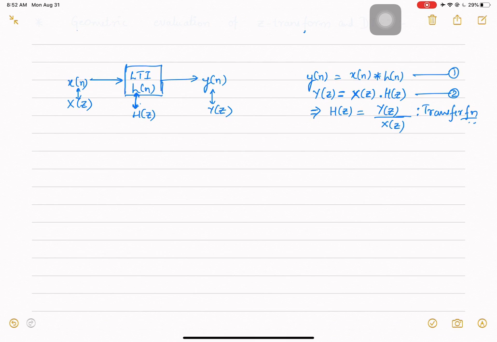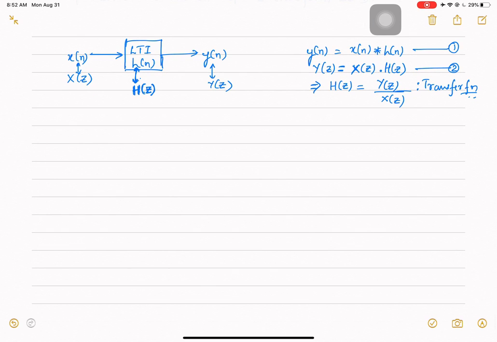Moving ahead from here, I can represent the given LTI system, linear time invariant system, using either the impulse response or the transfer function. If I take the inverse transform of the transfer function, I get the impulse response. If I take the Z transform of the impulse response, I get the transfer function. Now moving ahead, I'll take two examples and I'll tell you how to geometrically evaluate.